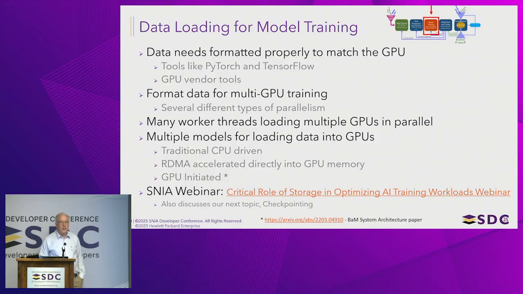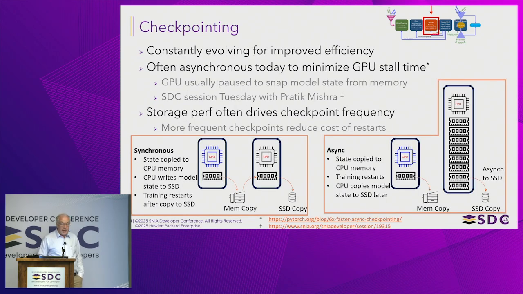There's a lot of talk these days about GPU initiated, where the GPUs are actually sending the read-write commands down to the storage. I put a hyperlink there to what I think is one of the seminal papers in that space, the BaM system architecture, they call it. I'm sure you know some of the authors on that paper. I found it a really interesting paper on GPU-initiated storage.